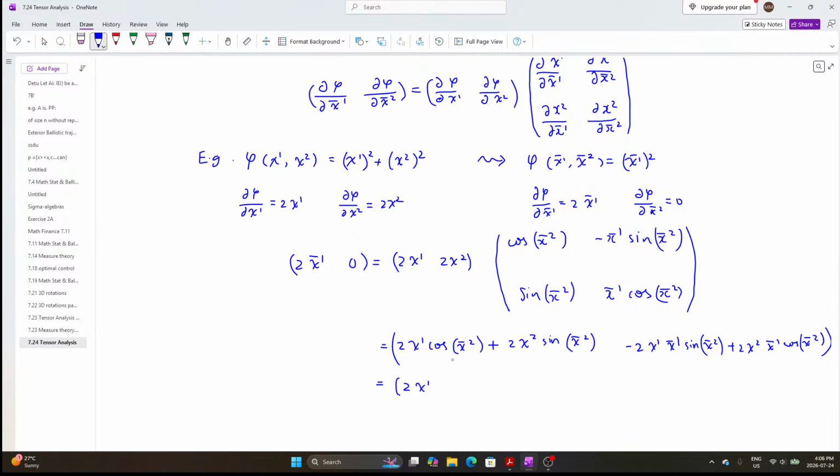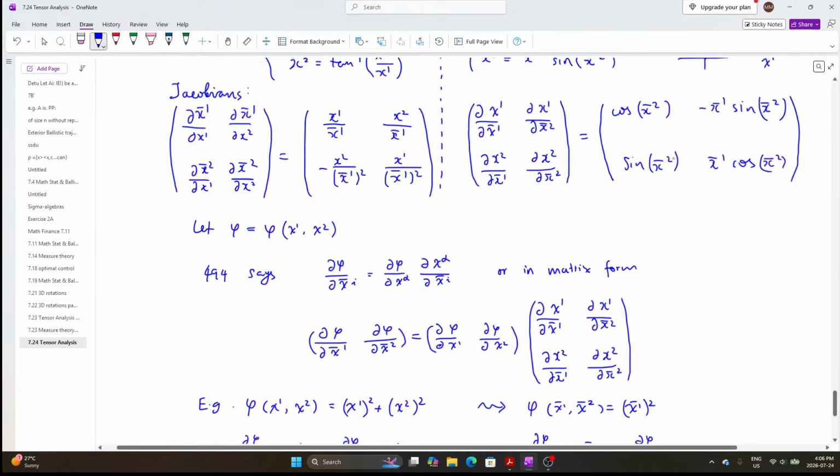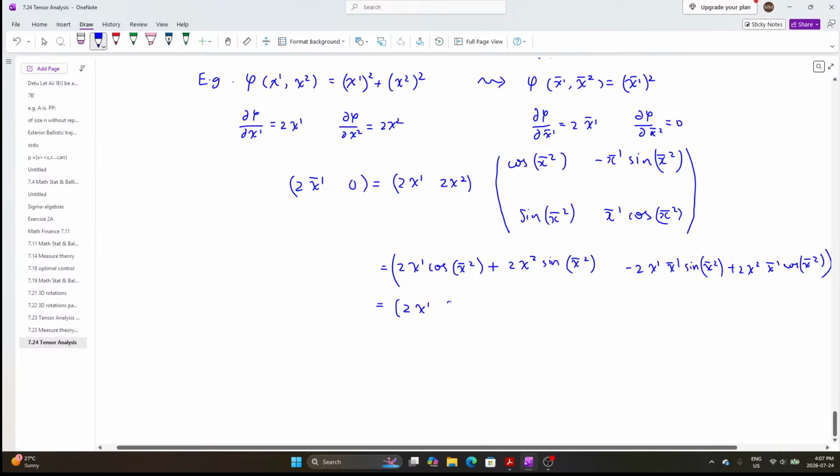Remember, cosine of x bar 2 is just x1 unbar over the distance x bar 1. So cosine would just be x1 over x bar 1, and sine would be x2 over x bar 1.